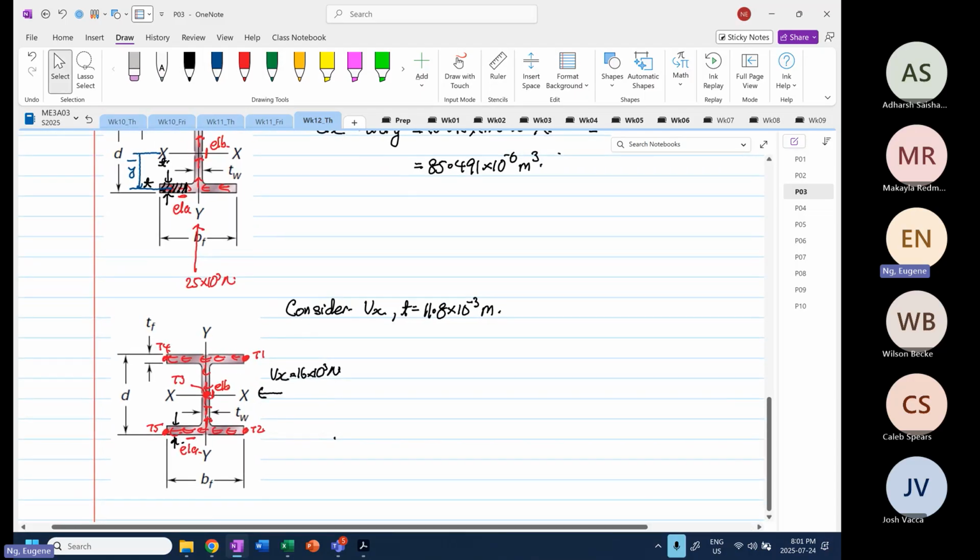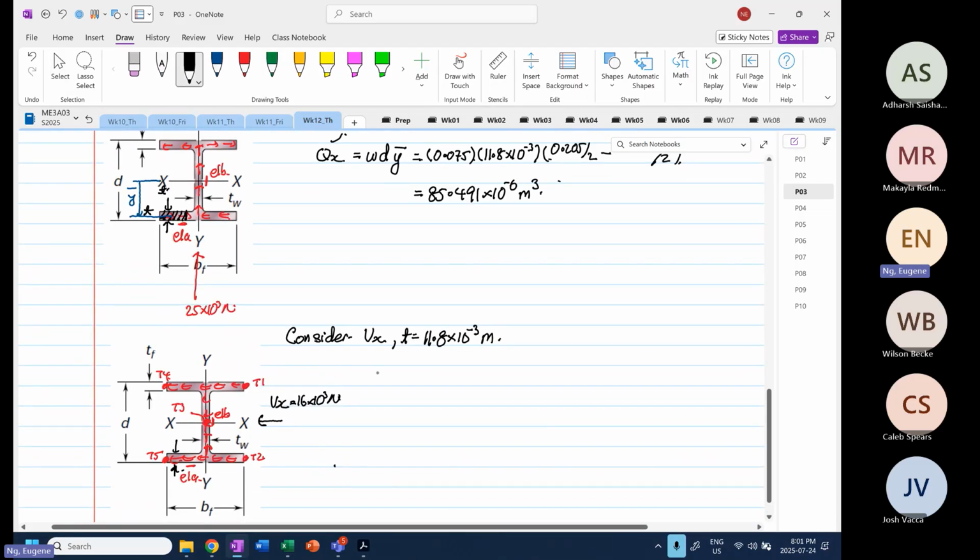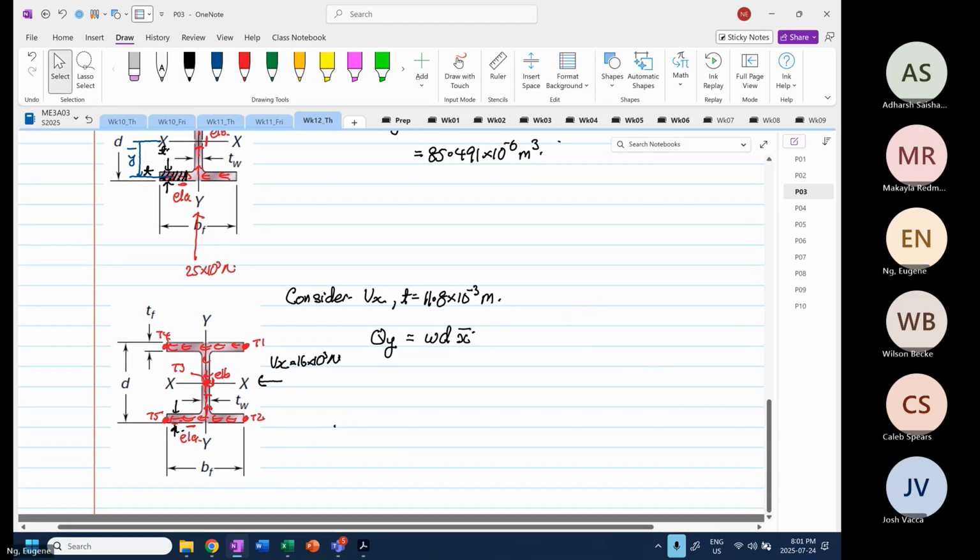So now we have to take a Qy, the first moment of area about y. So this is where you have to be careful. So this is with depth now becoming x bar. Qy, yeah, x bar. Okay, so what do I mean? So now we know that we want Qy. So now this is our width.